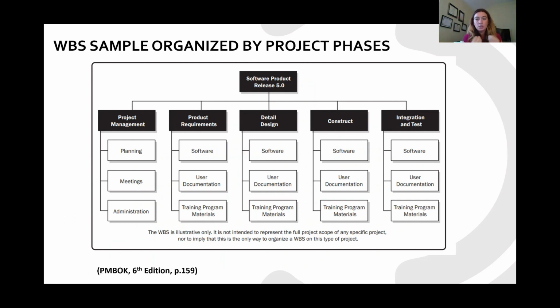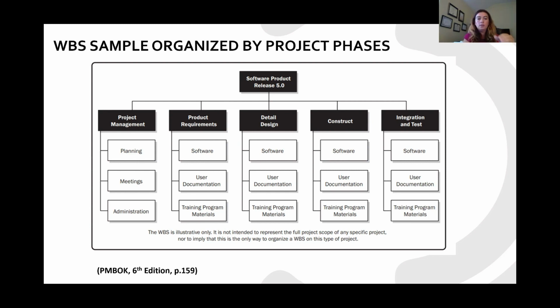1, 2, 3. I am just expecting to see 1 or 2. Okay, and then within each deliverable, define some control accounts. In here, there are 3 control accounts. So on my deliverable 1, project management, I have control account 1, planning, control account 2, meetings, control account 3, administration. And then in the planning, I may have the schedule, I may have the communication, so I may have a little bit more.